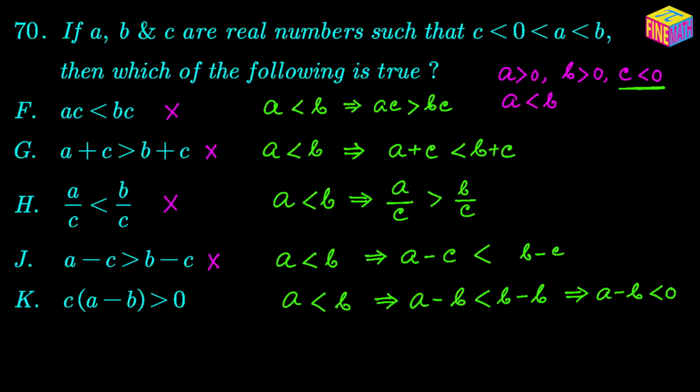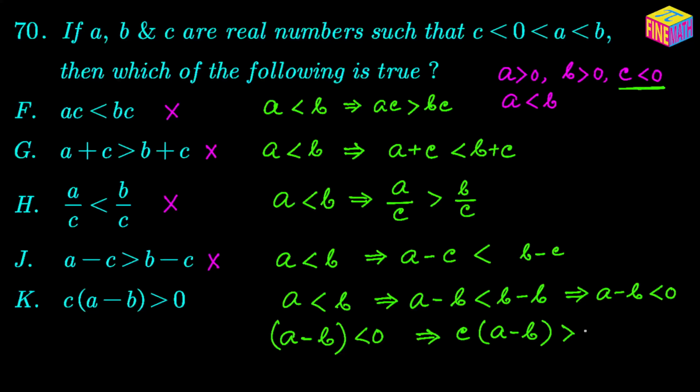So if A minus B is negative, then what would C times A minus B be? Well, we have seen that A minus B is negative, and then we are going to multiply both sides of this inequality by another negative number, which is C. So as soon as you do that, the sign of inequality will change. So if we say C times A minus B, what will happen to the inequality sign?